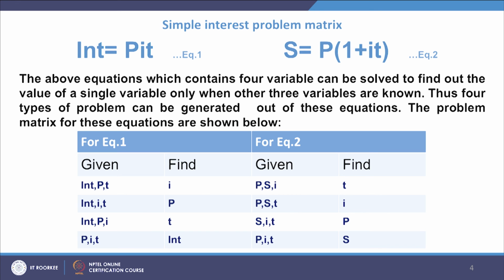For equation number 2, similarly I can write down the problem matrix. If P, S and I are given, then I have to find out T; if P, S and T are given, I have to find out I; if S, I and T are given, I have to find out P; and if P, I, T are given, I have to find out S.